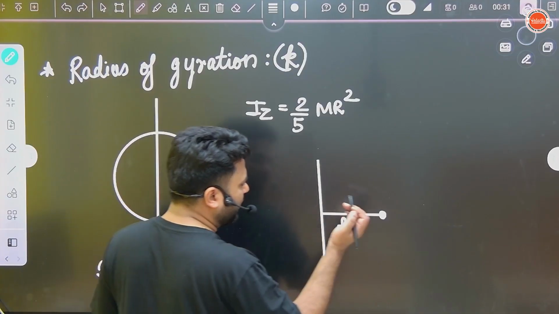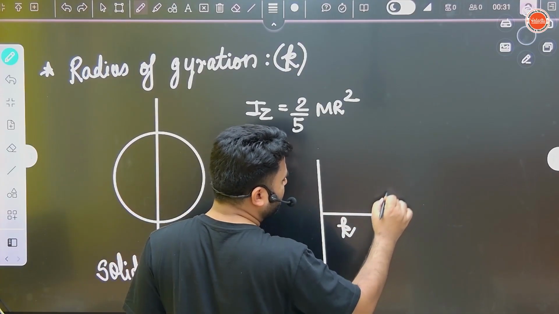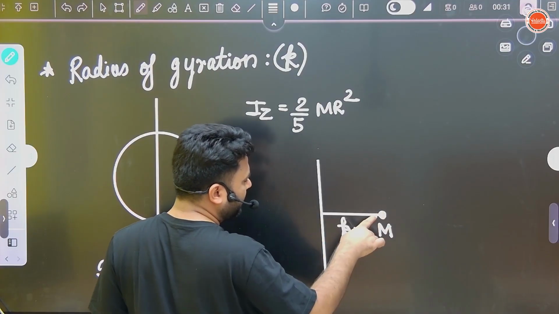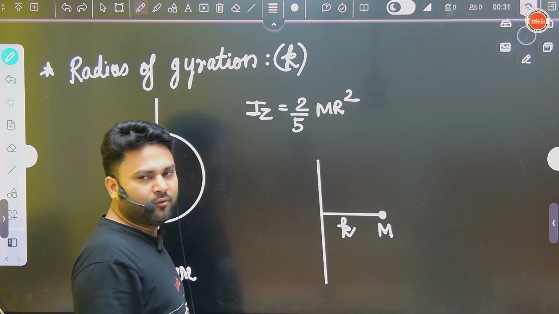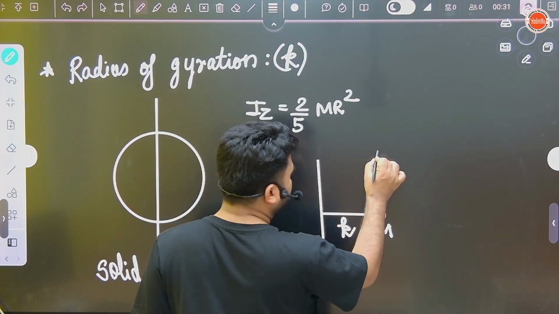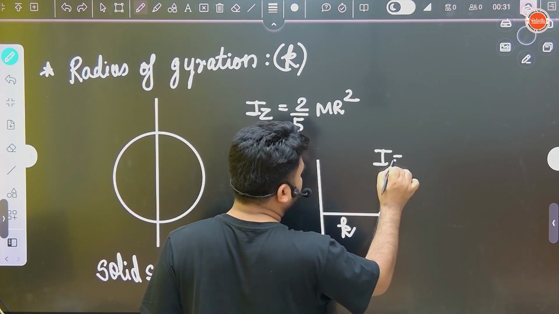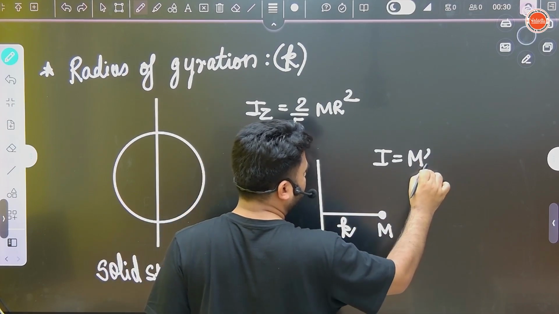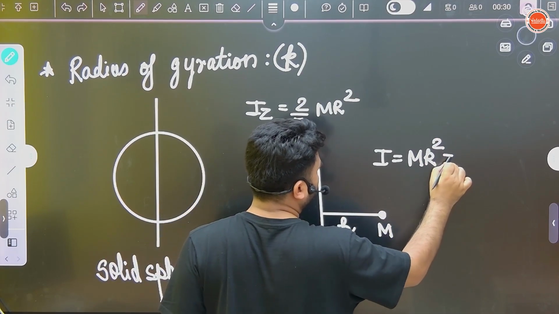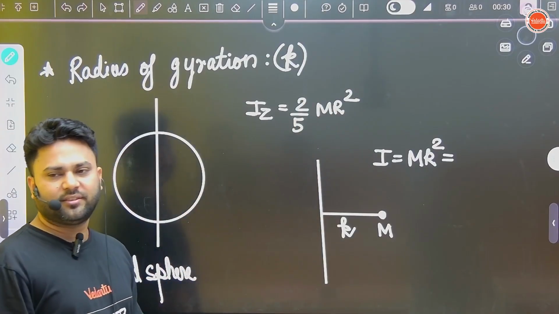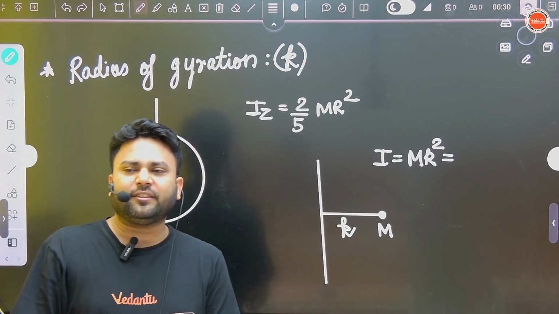Same moment of inertia means what? Now this is a point mass. For a point mass, what is the formula for moment of inertia? m into distance square, distance is k, so mk square. This moment of inertia and that moment of inertia have to be the same, because this is the definition of radius of gyration.